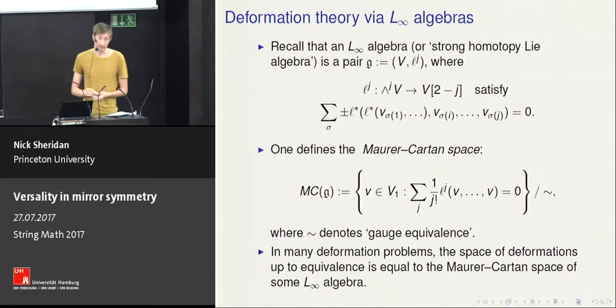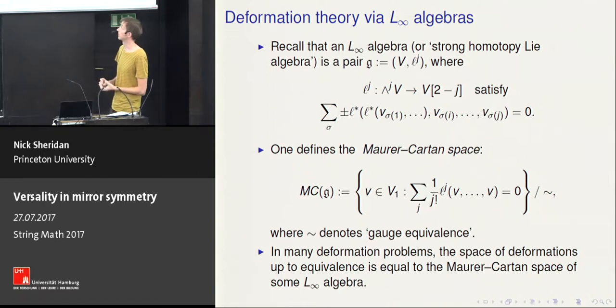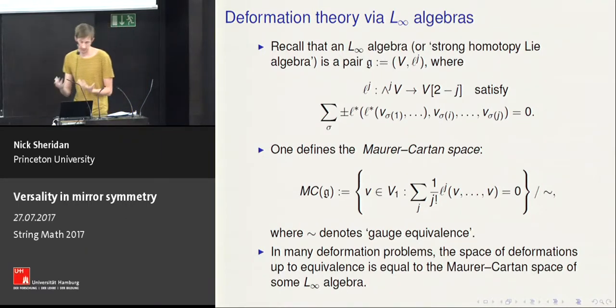So recall that an L-infinity algebra consists of a vector space with a bunch of multilinear antisymmetric operations satisfying the L-infinity relations, which I've written up there. Briefly, it says that L1 squares to 0, so it's a differential.